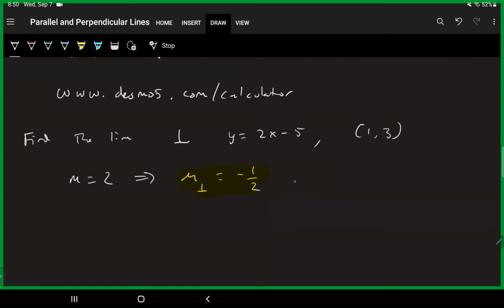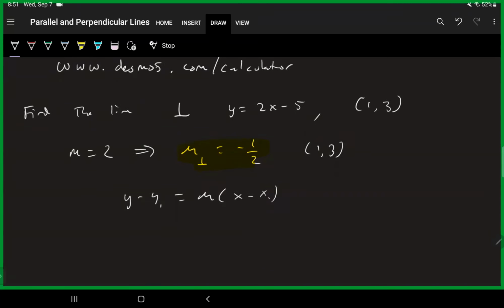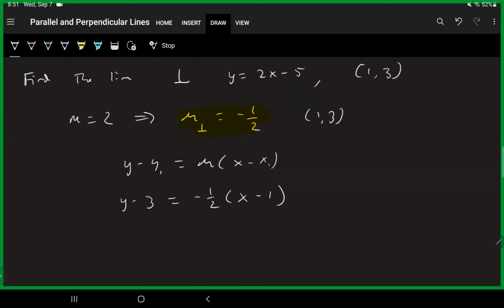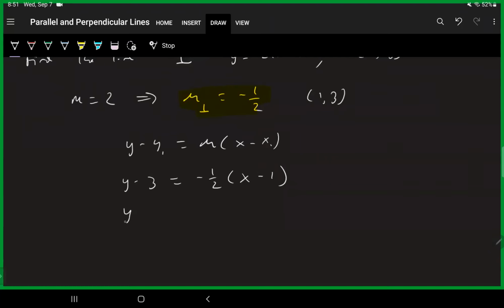And we're going through 1, 3 again. And again, y minus y1 is m times x minus x1. And this one's going to be a little bit more annoying because we have this fraction, but we're going to power through. So y minus 3 is -1/2 times x minus 1. I'm just going to be quiet and write. Mind your sign there.